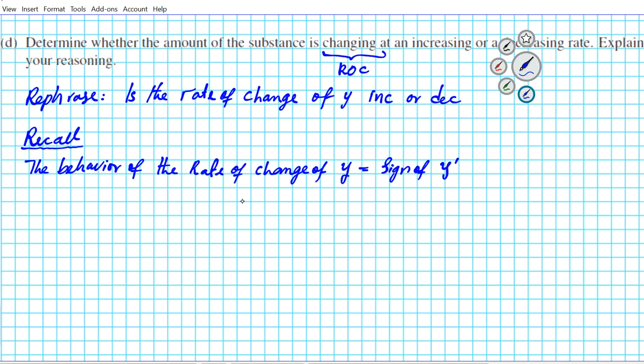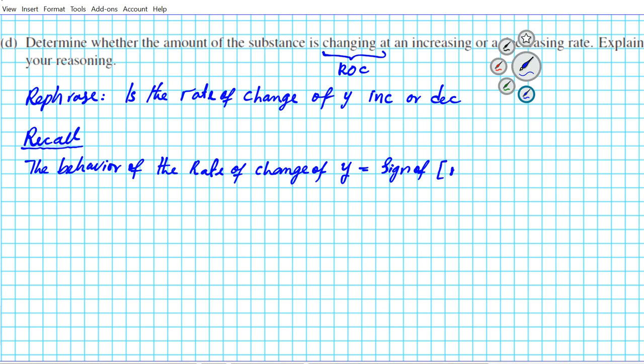Okay, all right, so it says behavior of the rate of change of y, look at the sign of y double prime, not y prime. All right, let me write it this way. So you look at the sign of the derivative of the rate of change.